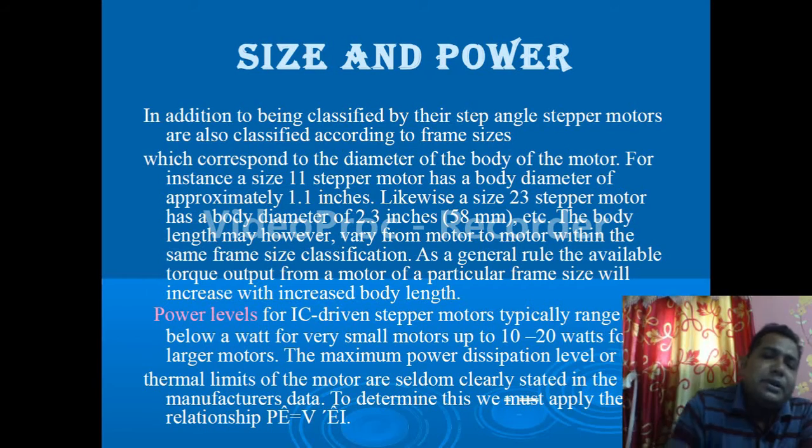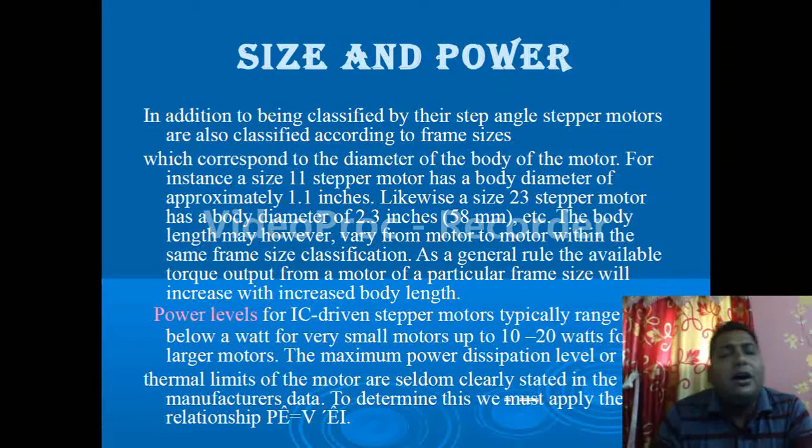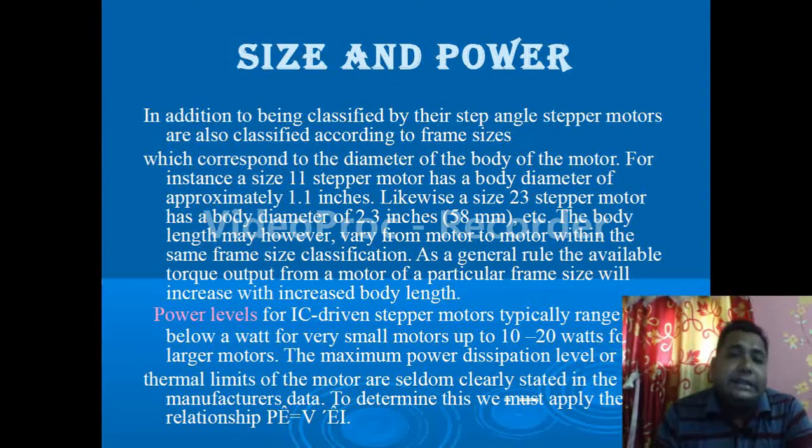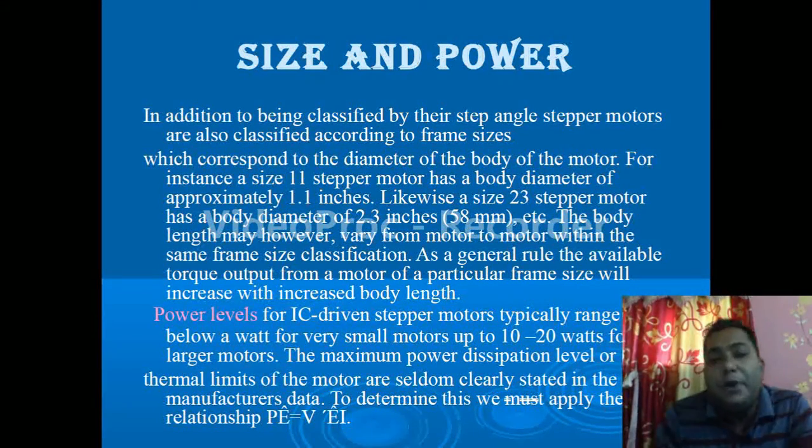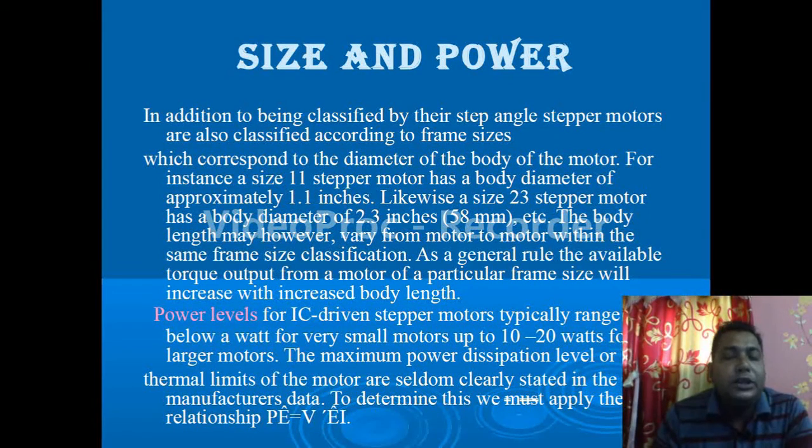Yes, it is a very important point, that is the size and power of the stepper motor. In addition to being classified by their step angle, that is, according to steps and angle, there is another classification regarding the frame size, which corresponds to the diameter of the body of the motor. For instance, a size 11 stepper motor has a body diameter of approximately 1.1 inches.